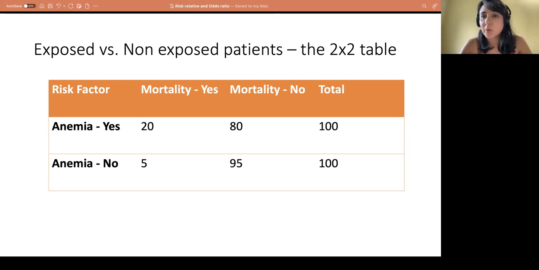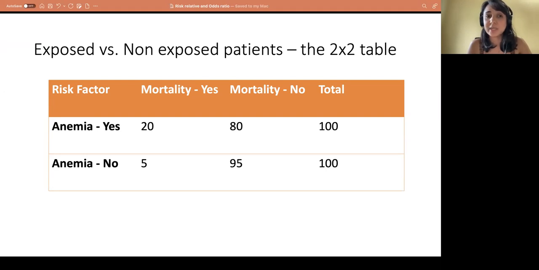To calculate the risk, what will we use? We'll use the number of patients that died in the group exposed divided by the total population at risk, in this case 100 patients.